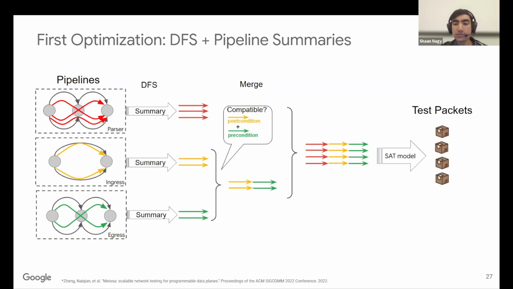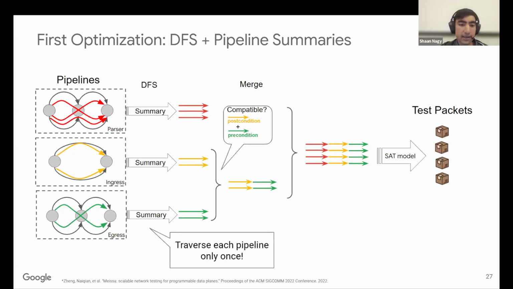And then we can chuck these into our SMT solver and recover the test packets. And so the critical thing here is that we've managed to traverse each pipeline only once. So we're saving on the redundant work we noted on the prior slide, but there is a bit of a cost because we're paying for these merging steps, which can sometimes be expensive.